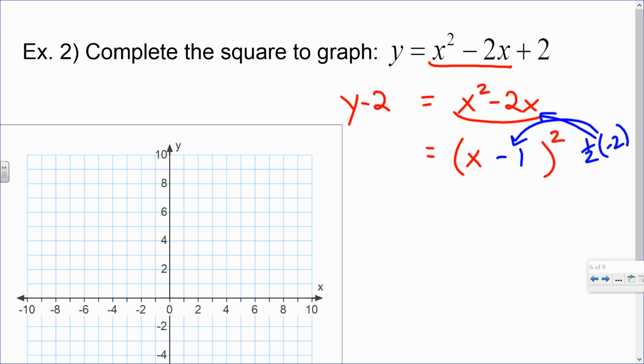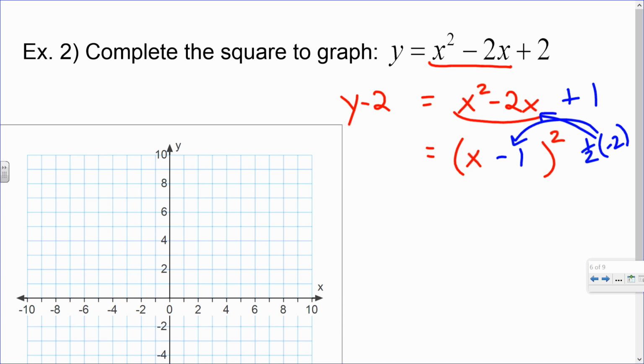Seeing at least one person, thank you, Avery, nodding your head. Yes, I remember doing that. Take half of that. Okay, now we want to FOIL out what is x minus 1 times x minus 1. It is x squared minus 2x plus 1. Did I get that right?